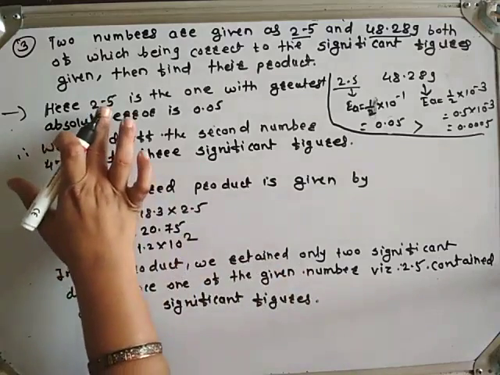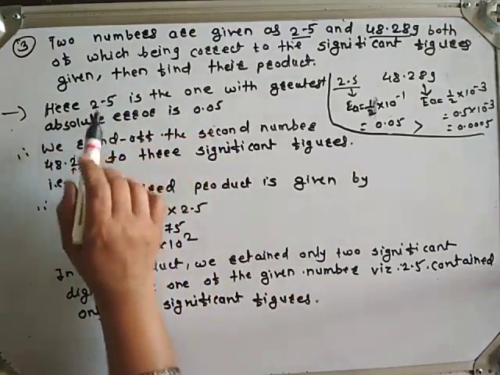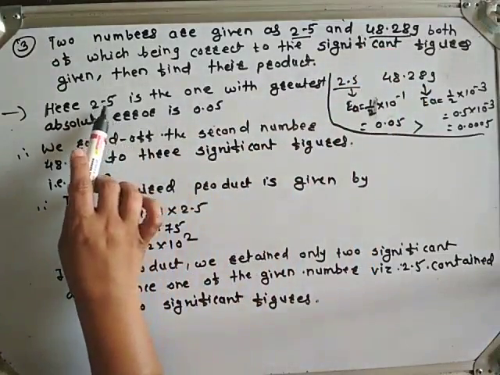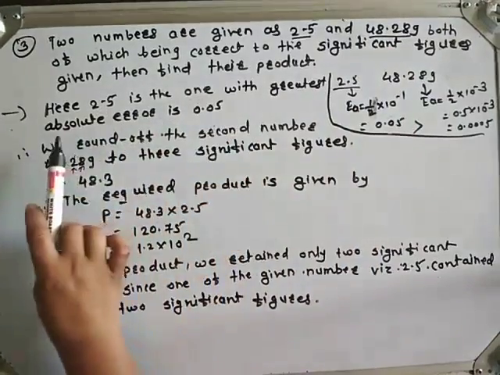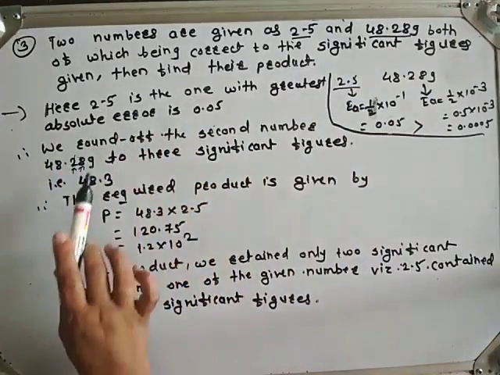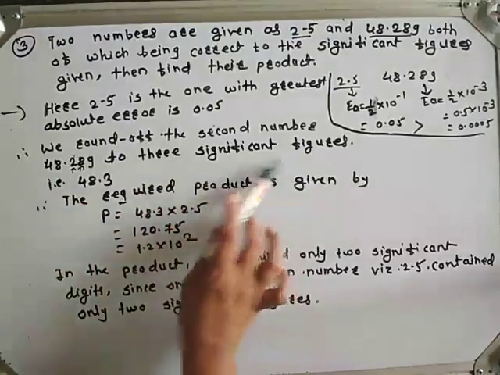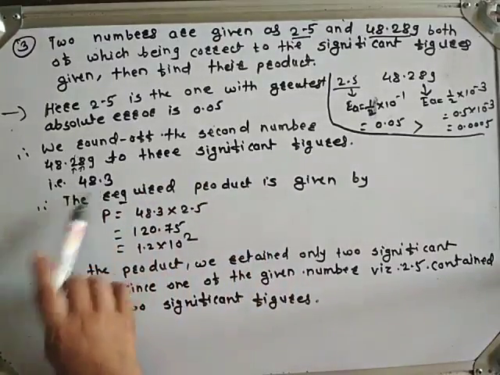See here, what have we been given? 2 numbers, 2.5 and 48.289. Of these, 2.5 is the one with the greatest absolute error. So we round off the second number to 3 significant figures, that is 48.3.